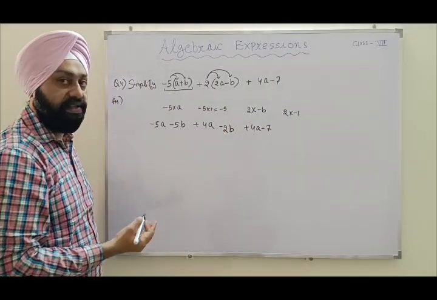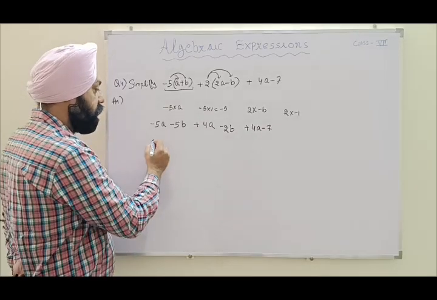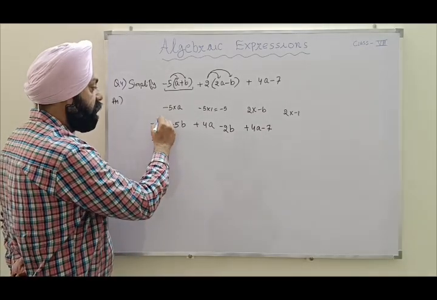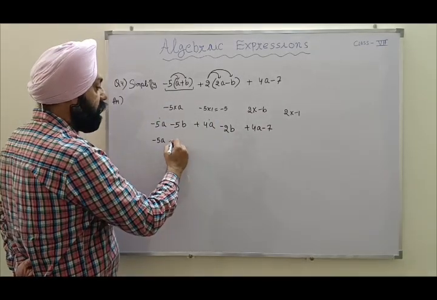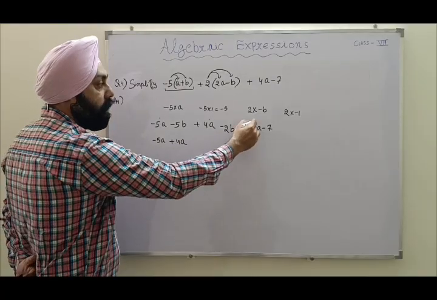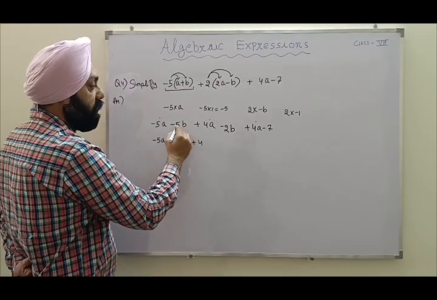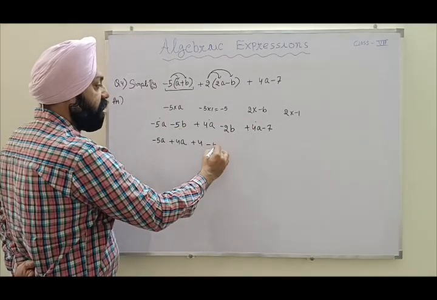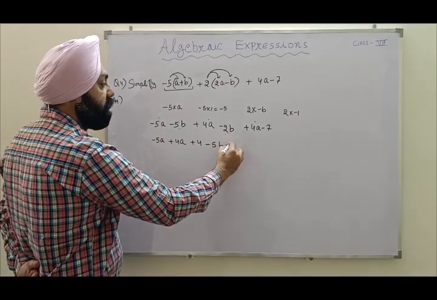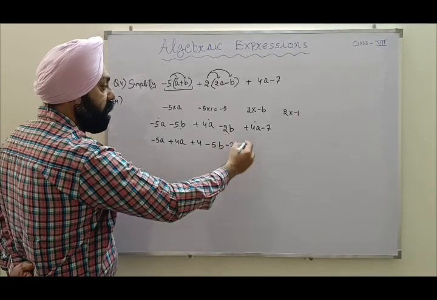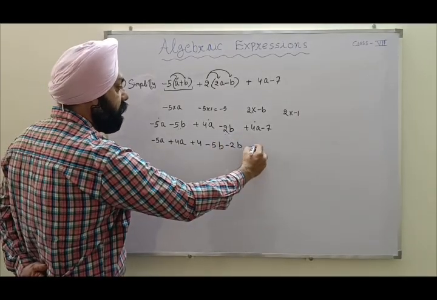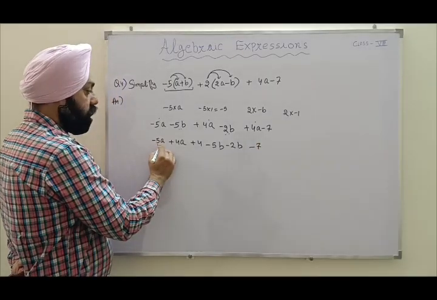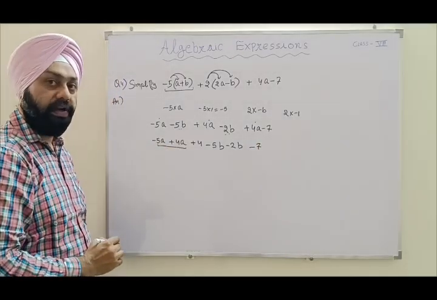Now in the next step, just combine the like terms. So minus 5a, this term, plus 4a, and the remaining terms, these are minus 5b, minus 2b, and what is remaining? Now minus 7. So minus 5a and plus 4a.